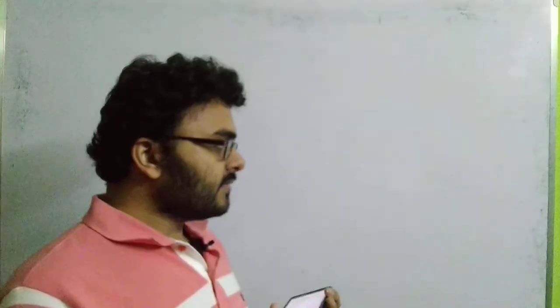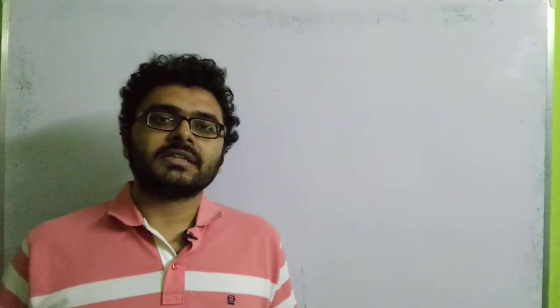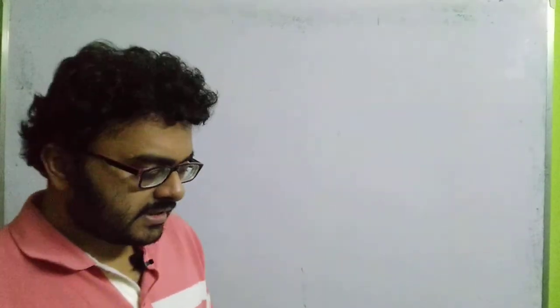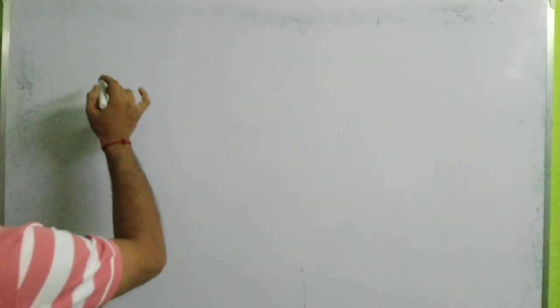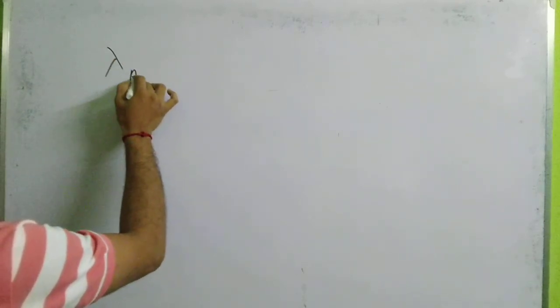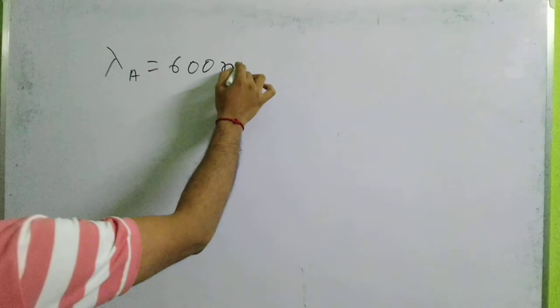First of all, when you are solving any problem in physics, it is very important to note down the given data. So let us quickly note down the given data. Here we are solving question number 1 subpart E. It has been given that the wavelength of the light in medium A is 600 nanometer.